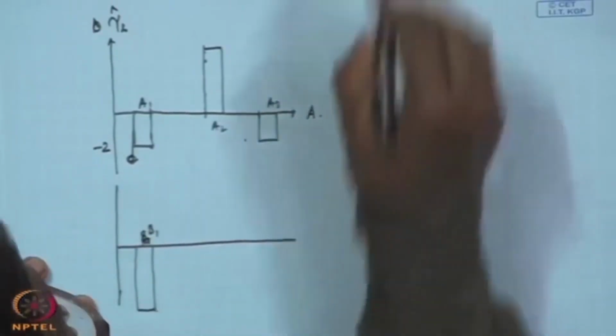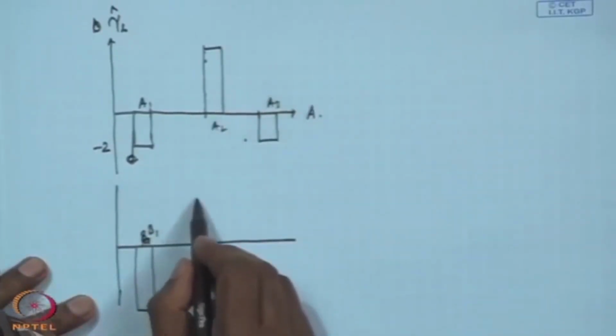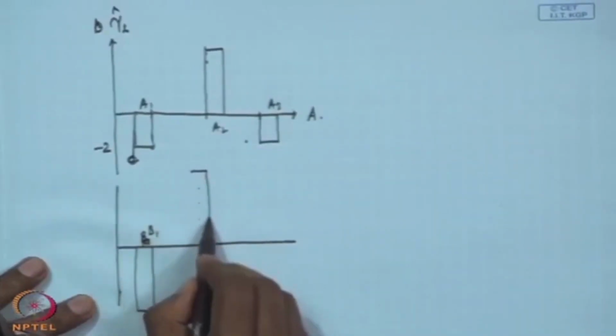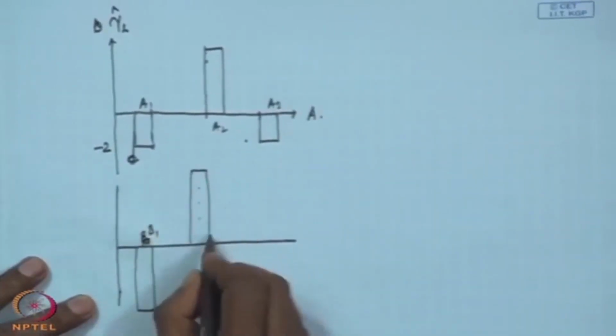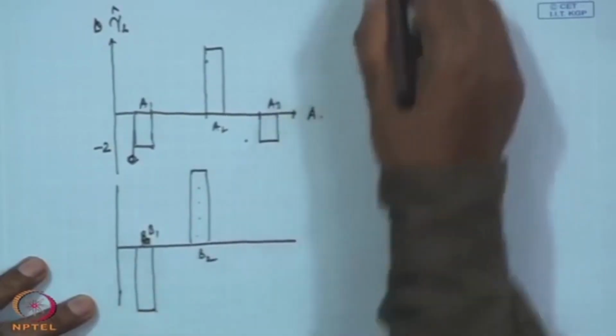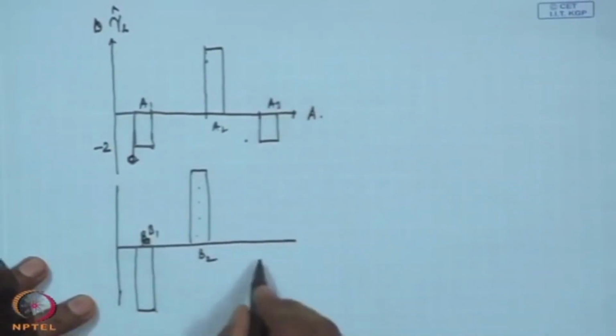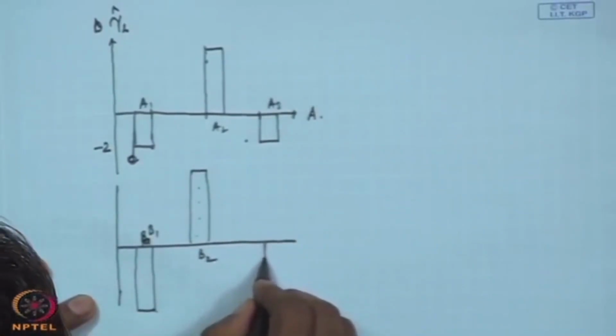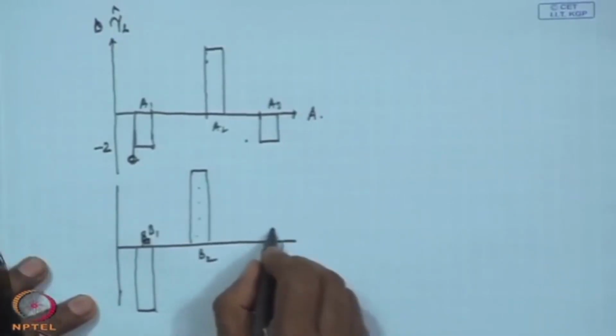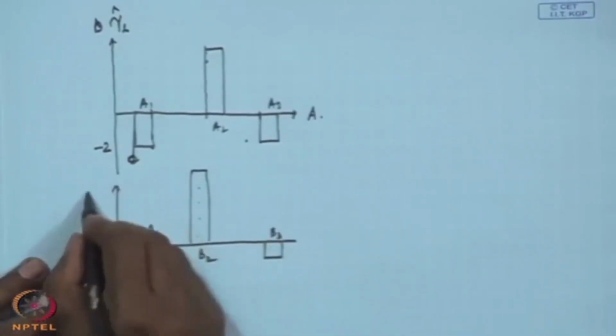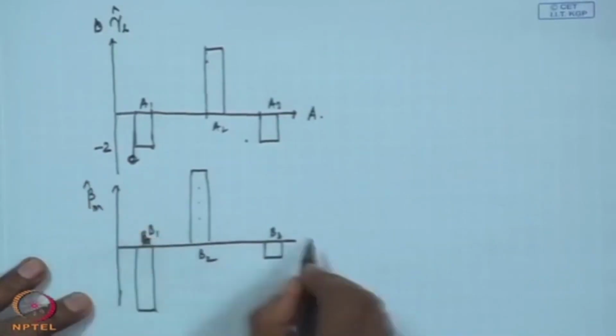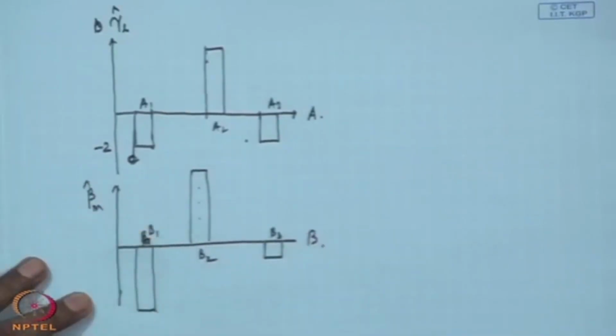Then the second one is 4.33, 1, 2, 3, 4, this one for B2. Similarly, the other one is minus 0.89. So, we can say this side is beta m and this is factor B.